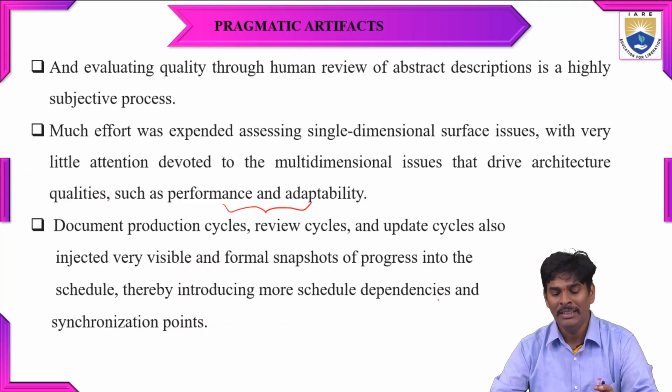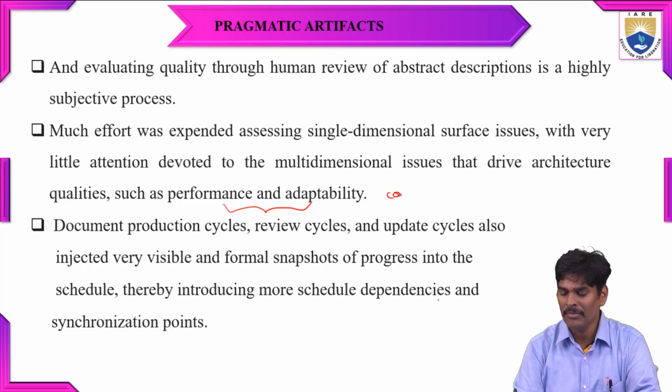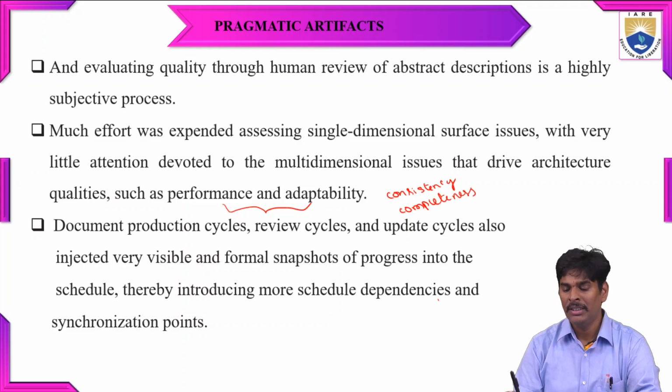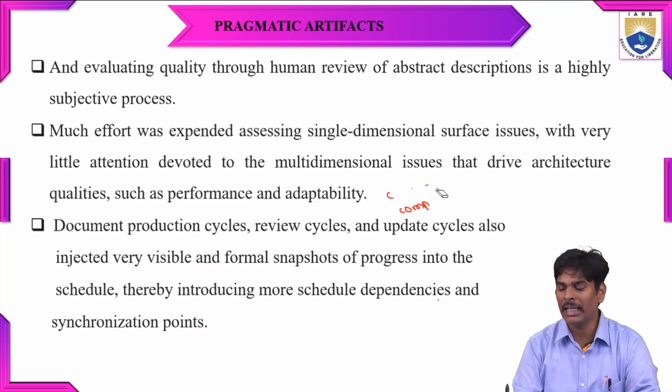So when you are checking multidimensional issues, we need to verify the performance and adaptivity. Compared to this, we can check consistency and also completeness. This is also very important for checking multidimensional issues. So there we can see the quality of the architecture for this project.